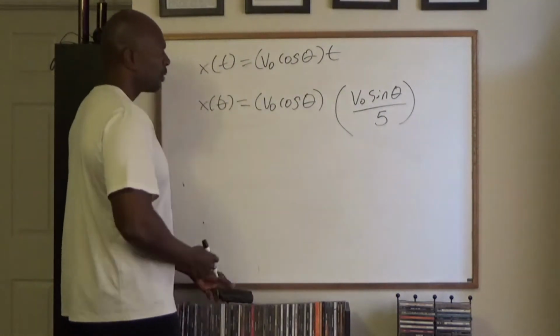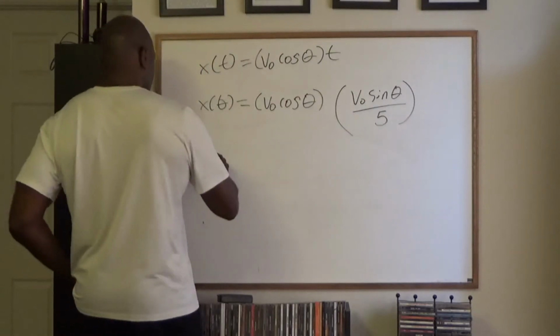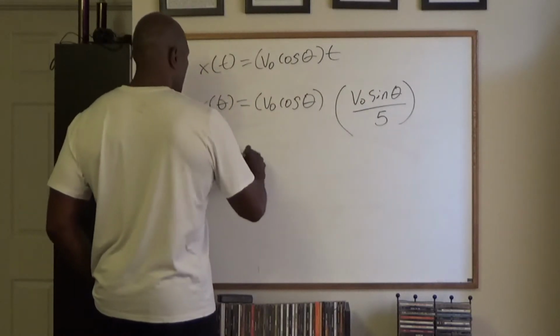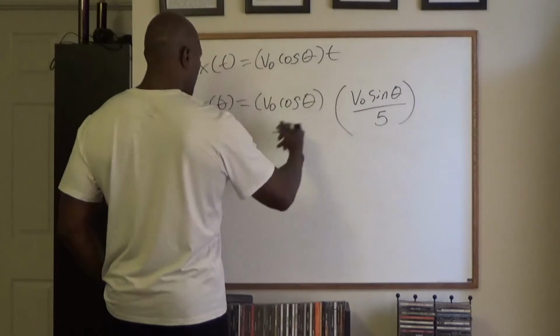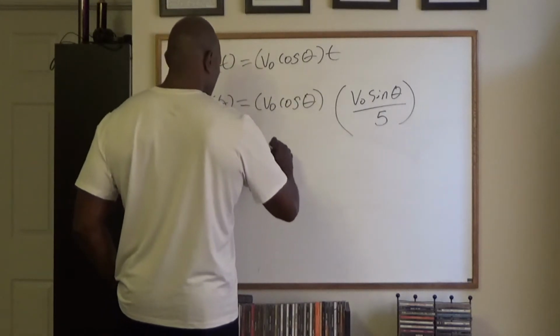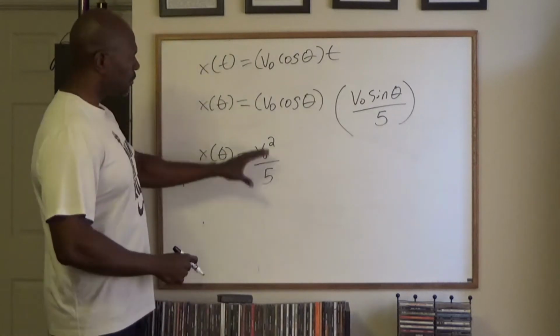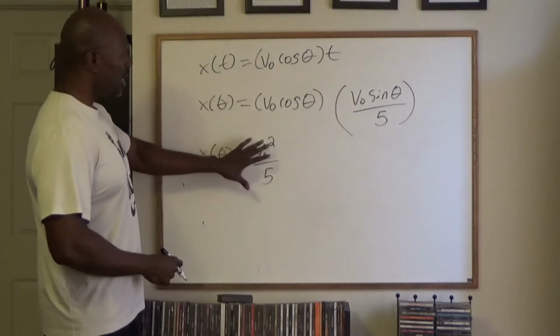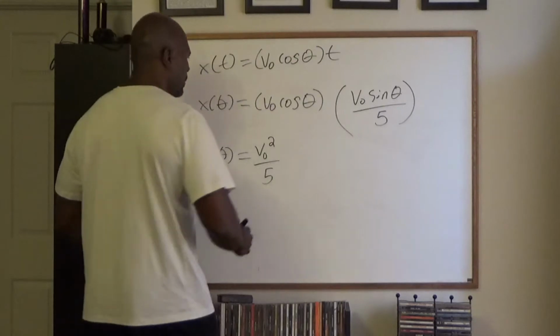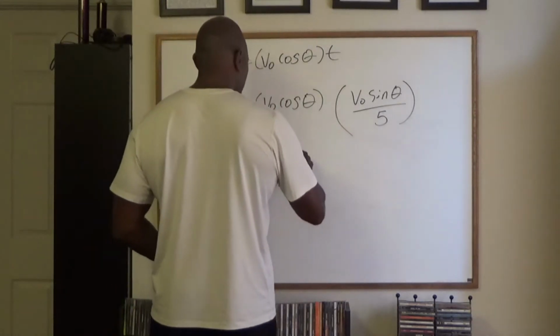And then we just multiply and simplify a little bit. This will be V naught squared over 5. I put this in front because these are just constants, times cosine theta sine theta.